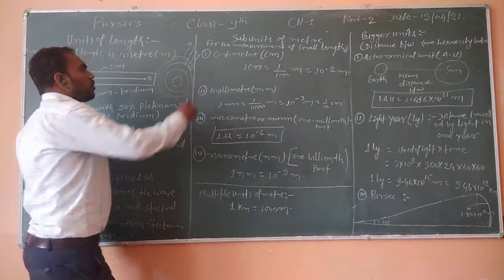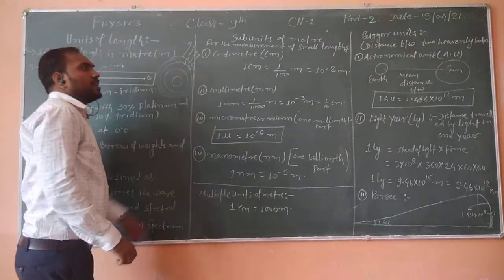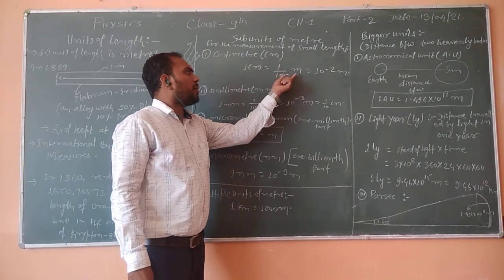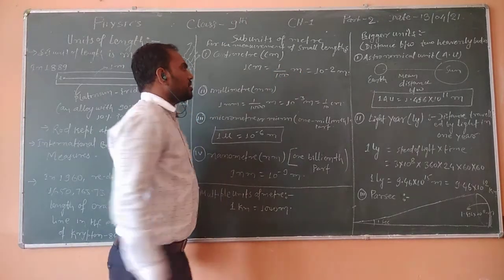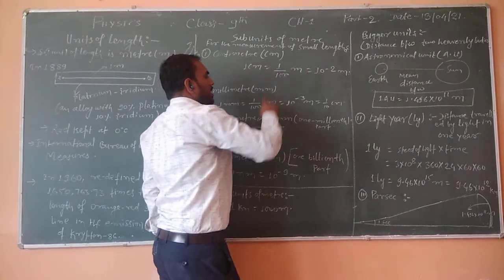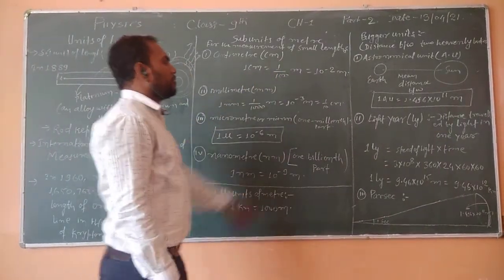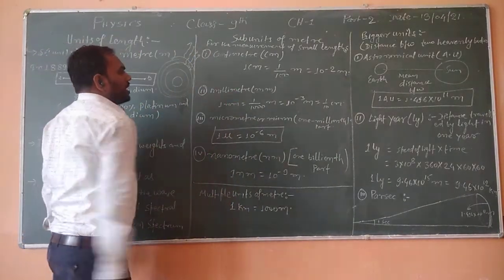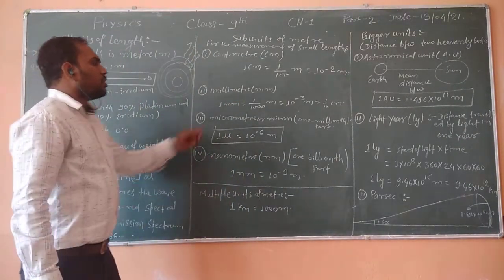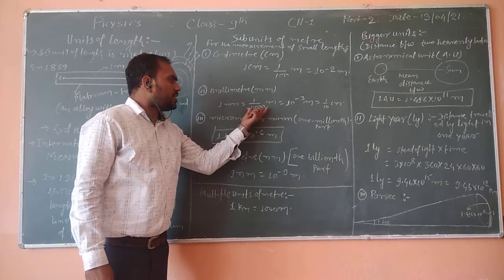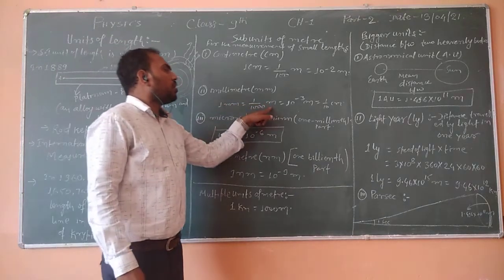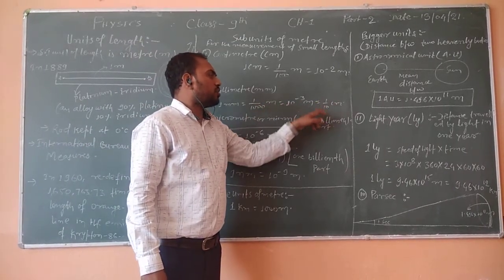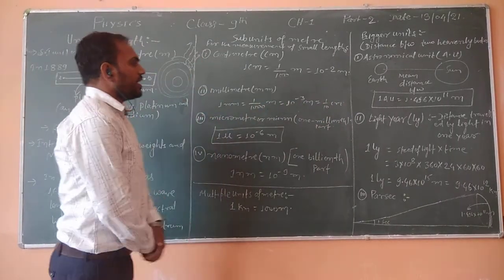Then what is a centimeter? 1 centimeter is a 100th part of a meter, that is, 1 centimeter is equal to 1 by 100 meter, or 10 to the power minus 2 meter. Similarly, 1 millimeter is 1 by 1000 of a meter, that is 10 to the power minus 3 meter, or 1 upon 10 centimeter.